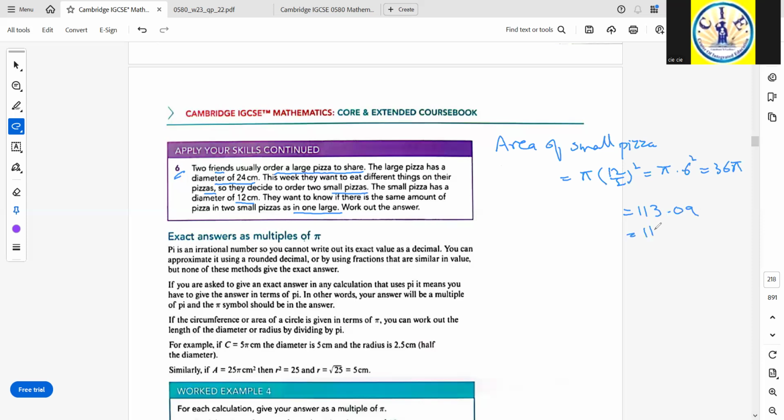That is 113.1 centimeter squares. So two small pizzas will have an area of 2 times 113.1, that is 226.2 centimeter squares.